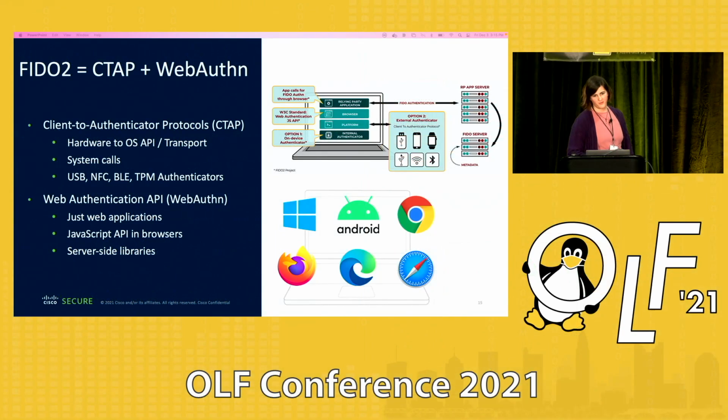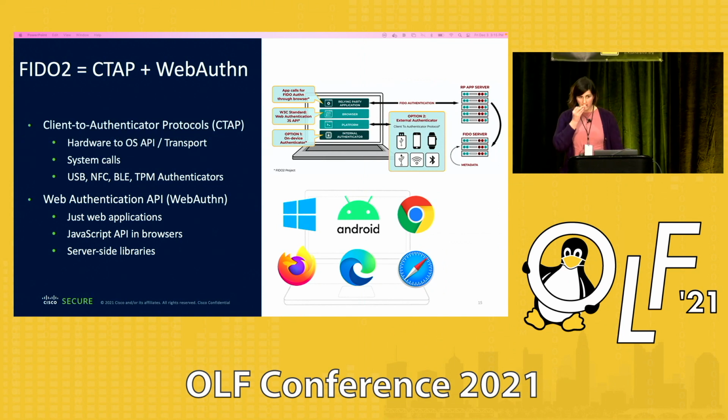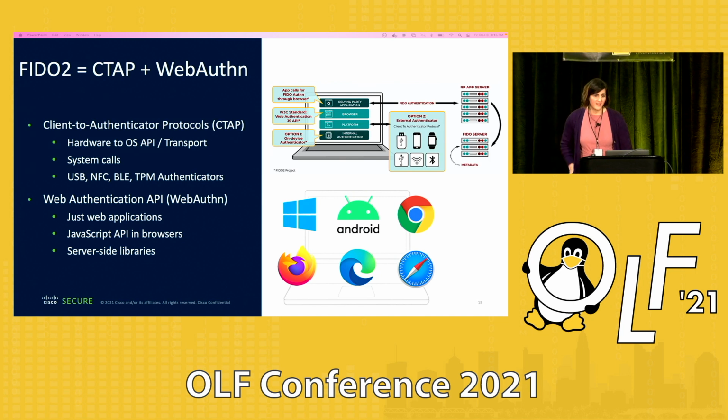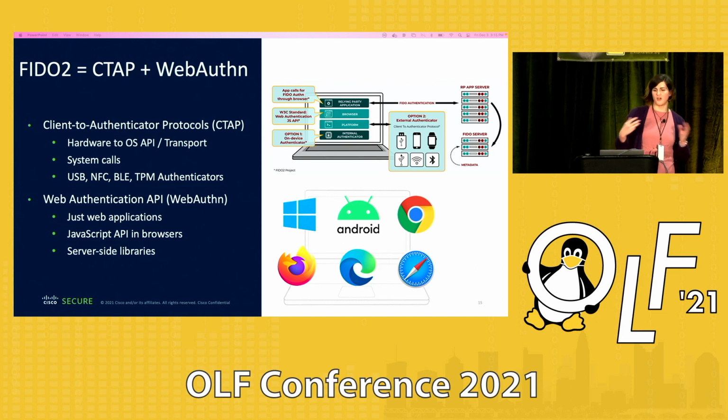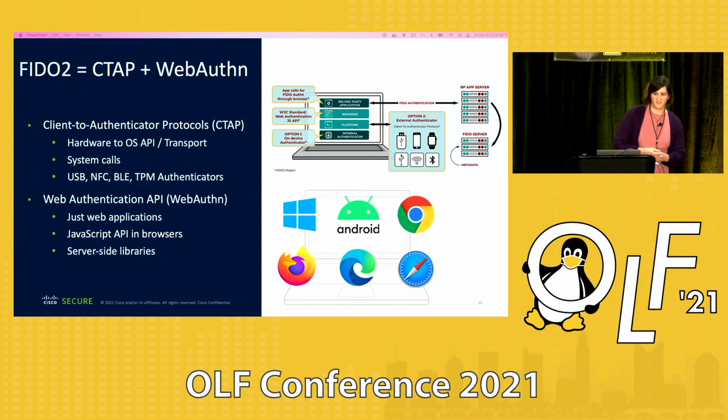Okay, so the FIDO 2 standard. That encompasses CTAP and WebAuthn. CTAP is the Client to Authenticator Protocol. This is your hardware OS API and transport mechanisms between the hardware and OS. So these are system calls. They usually define transport mechanisms, whether this is a USB or NFC connection, low power Bluetooth, and also how to communicate with the TPM devices.